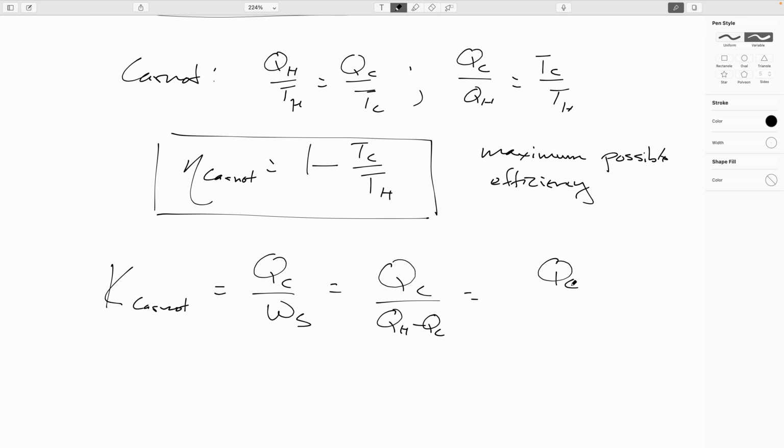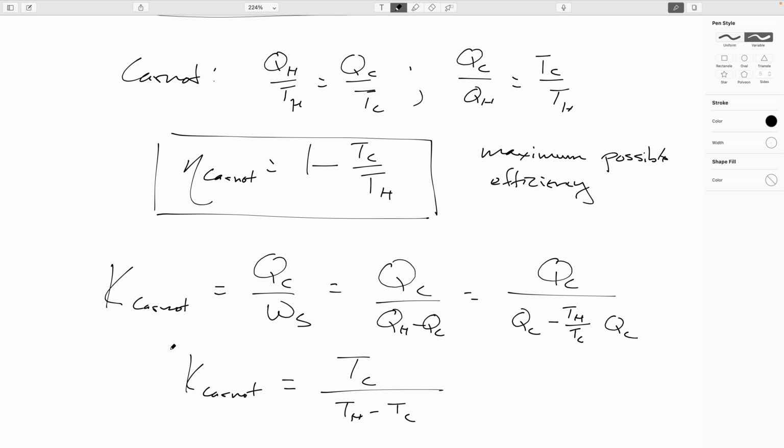So this will be Q cold over Q cold minus, again, cross multiplying this around, we can say T hot over T cold, Q cold. Cancel the Q colds, do a little bit more algebra, and you get that the maximum efficiency of a refrigerator, Carnot refrigerator, or heat pump, is T cold over T hot minus T cold.